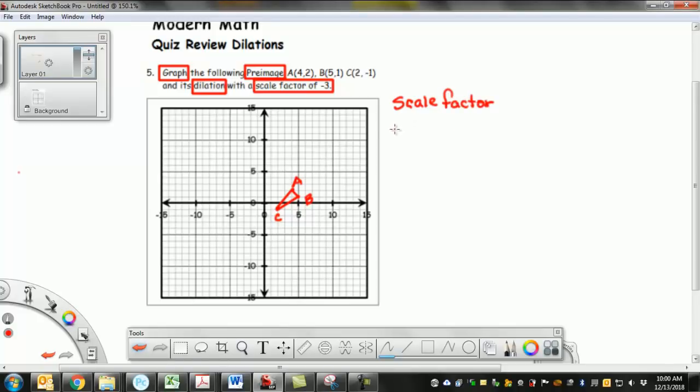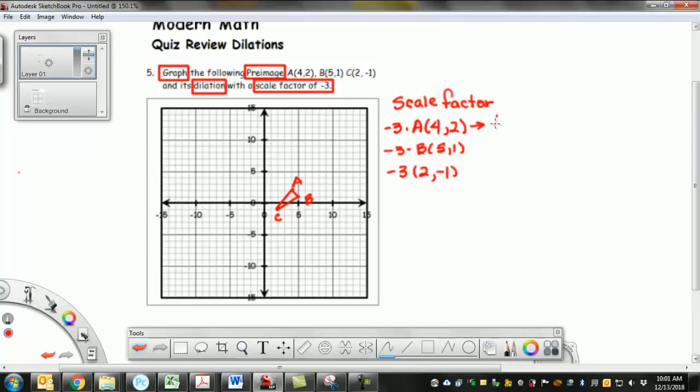So let's apply our scale factor. -3 times A. A is 4 and 2. -3 times B, and B is 5 and 1. And then C is 2 and -1.